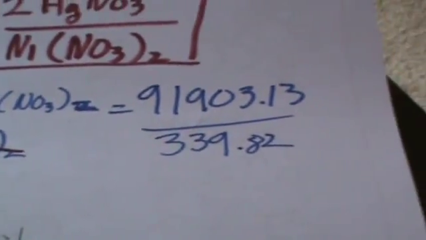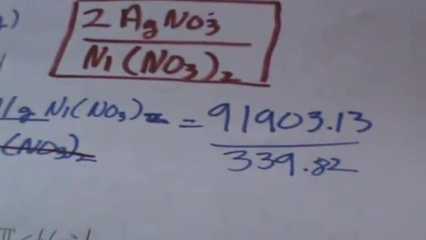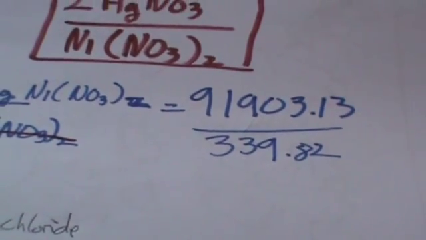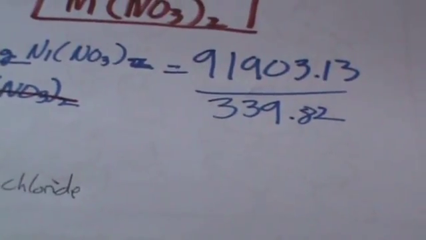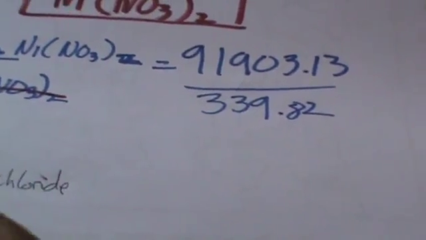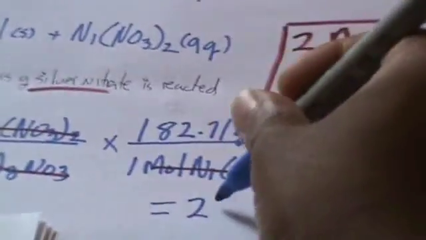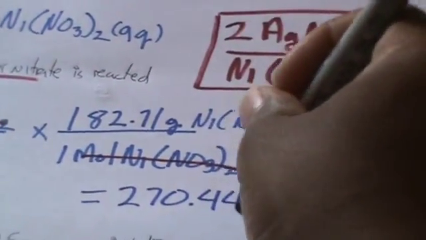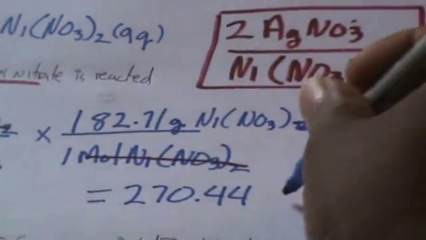Alright, let's handle this bit of math. We have 91903.13 divided by 339.82 equals 270.44, and it goes on, but I'm not going to write out the whole thing.